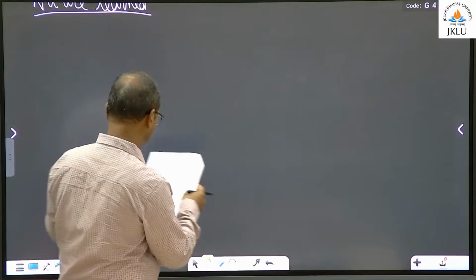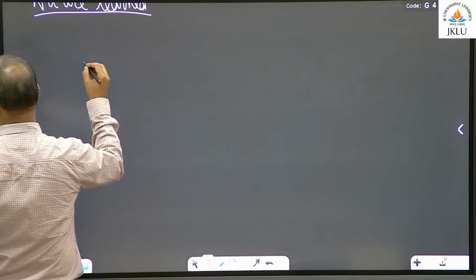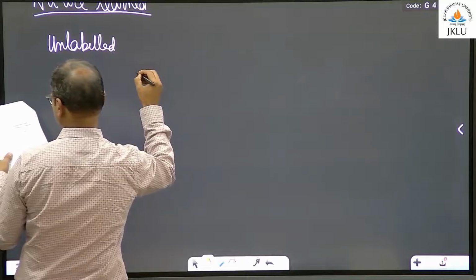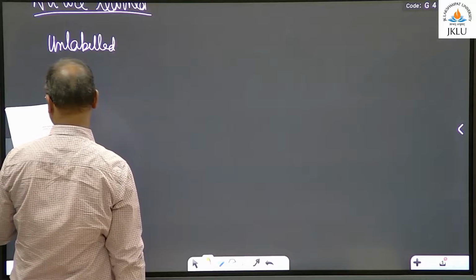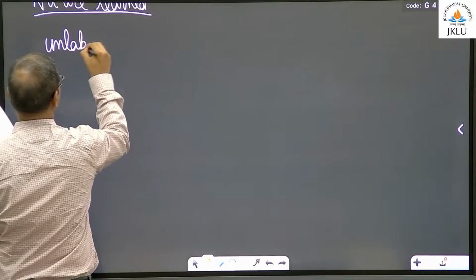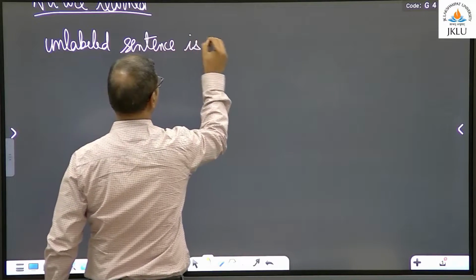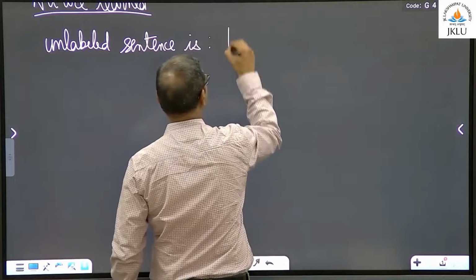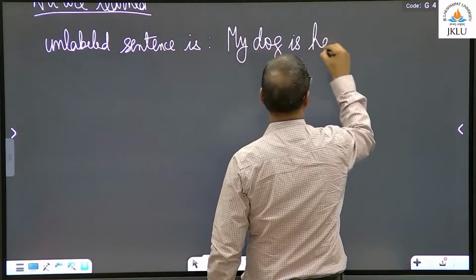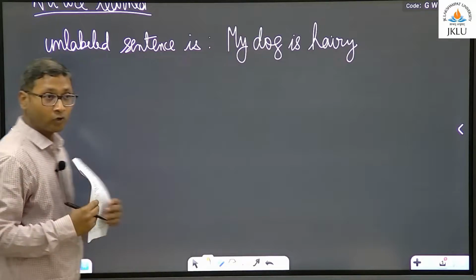So for example, I am just taking examples from the paper only. So let us say the unlabeled, right.